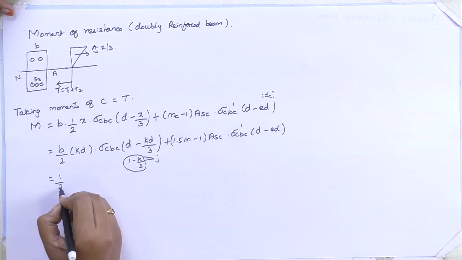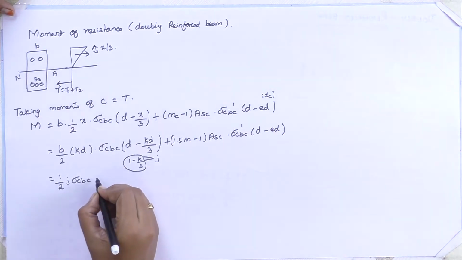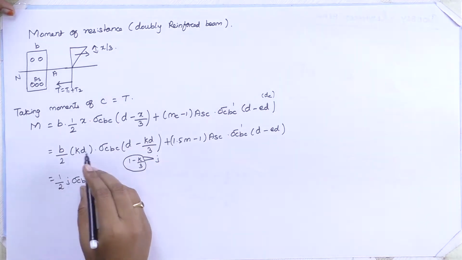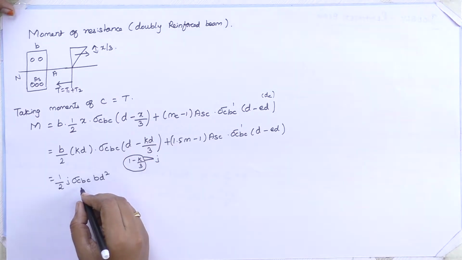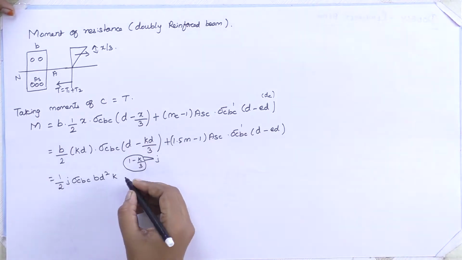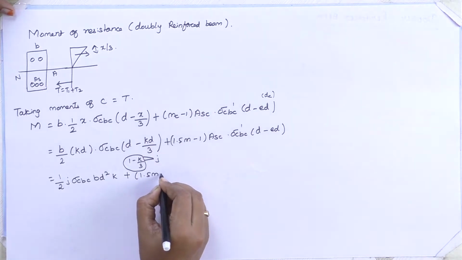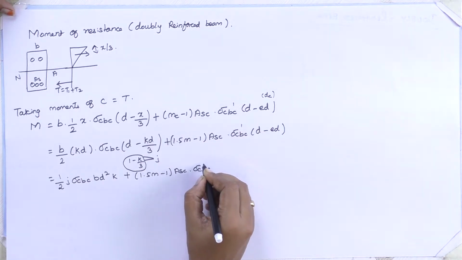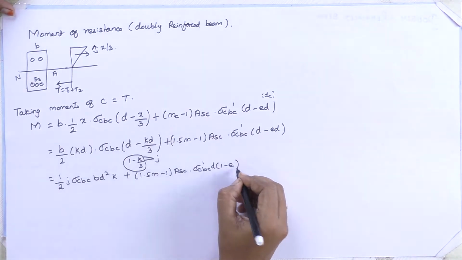Now half j sigma CBC into, you can take d out, so b d square sigma CBC, this k will be here, k plus (1.5 m minus 1) into ASC into sigma CBC dash into, take the d out, (1 minus dC by d).